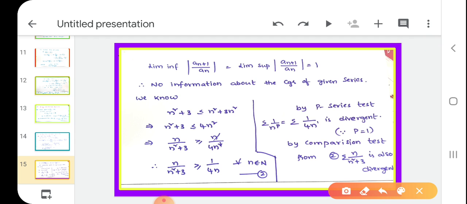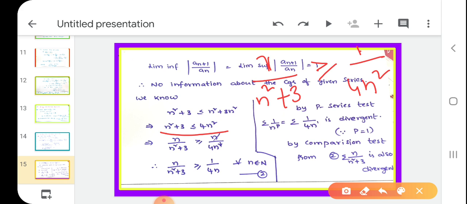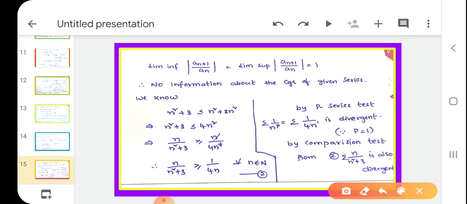Okay, is it clear? Now in the RHS, n cancels. We have only 1 by 4n. See here, n by n square plus 3 is greater than or equal to 1 by 4n.